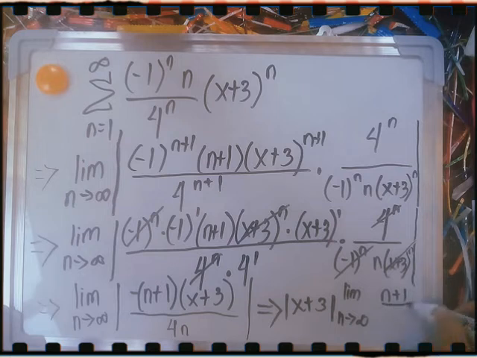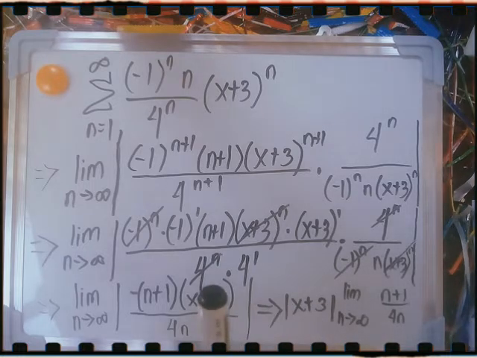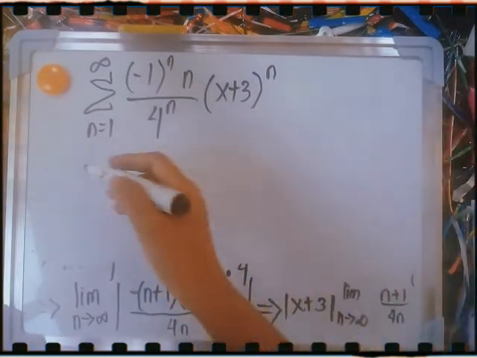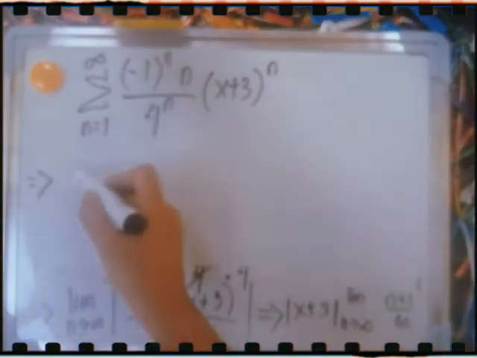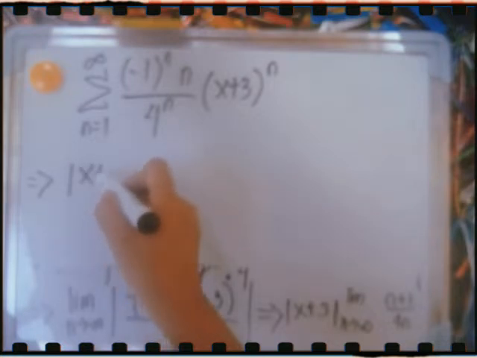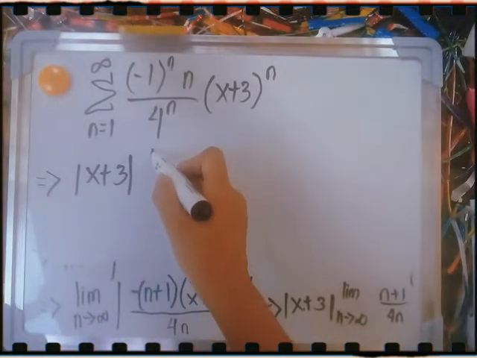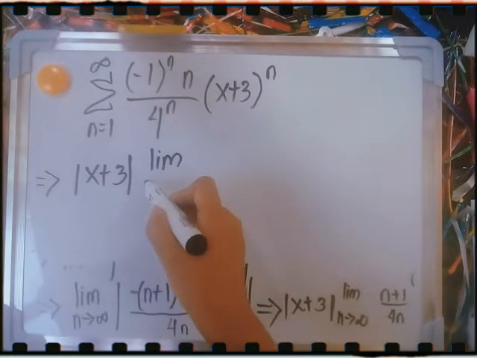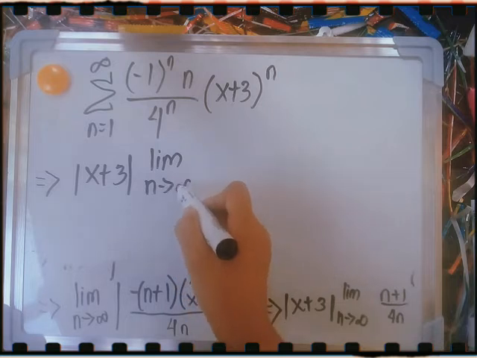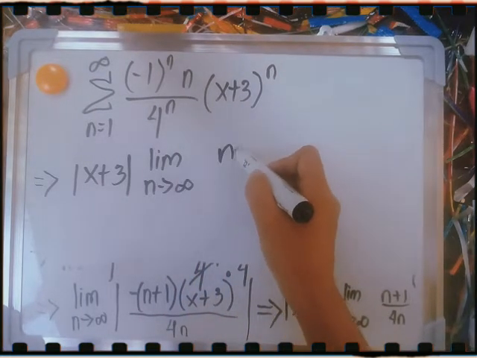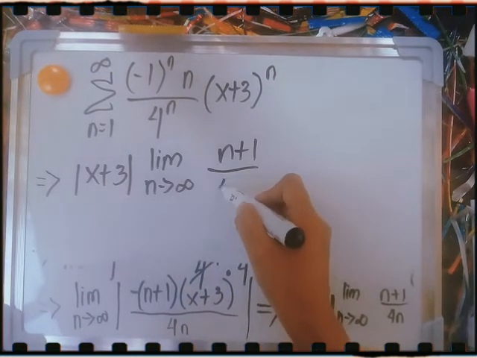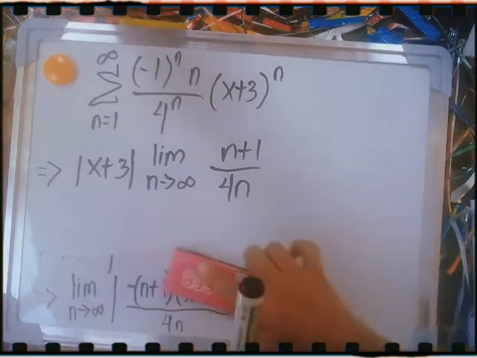N plus 1 over 4 times n. And then, we have x plus 3 times the limit as n approaches infinity of n plus 1 over 4 times n.